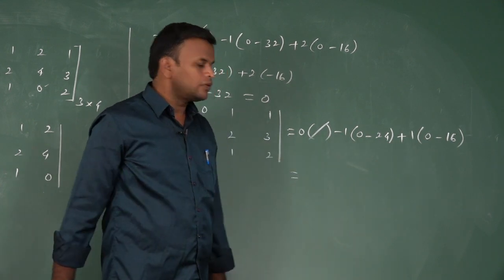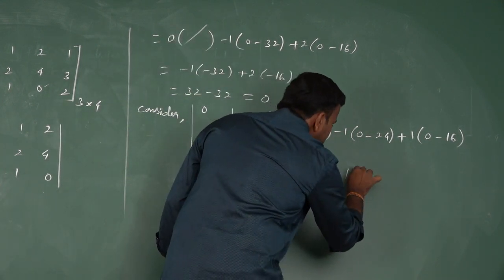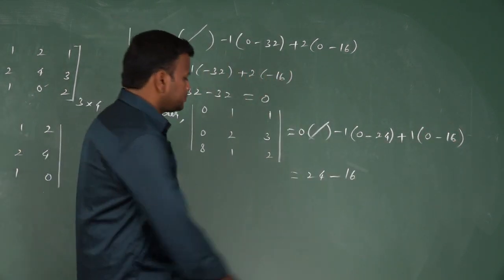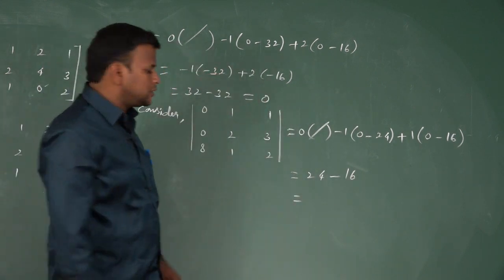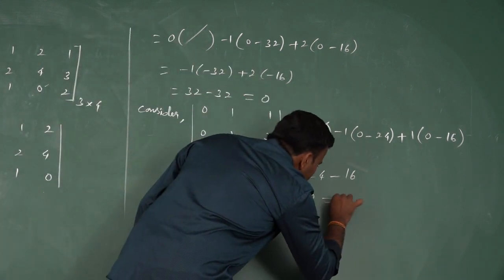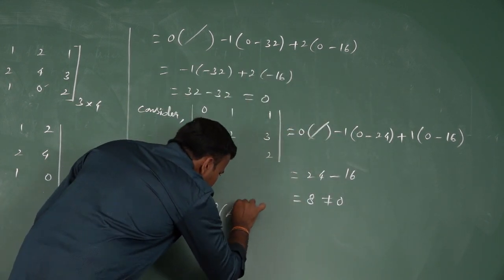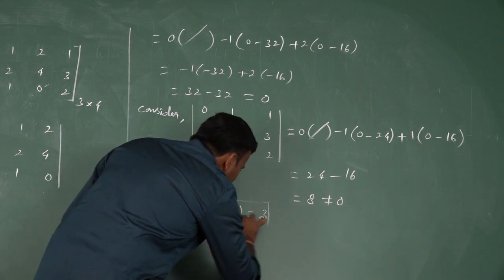Minus 1 into minus 24 is plus 24, and minus 16. 1 into minus 16 is minus 16. 24 minus 16 is plus 8, which is non-zero. Therefore, the rank of A is equal to 3.